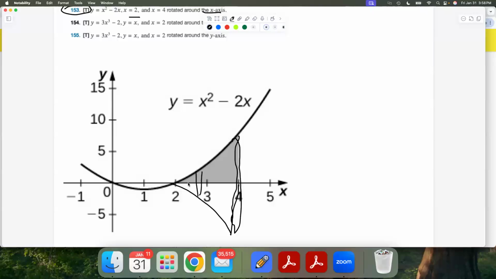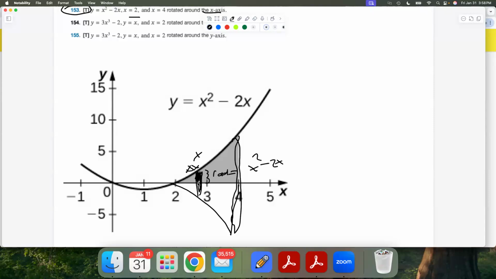So pick some random x value. Here I'm at x. Then this has some thickness delta x, has some radius x squared minus 2x.